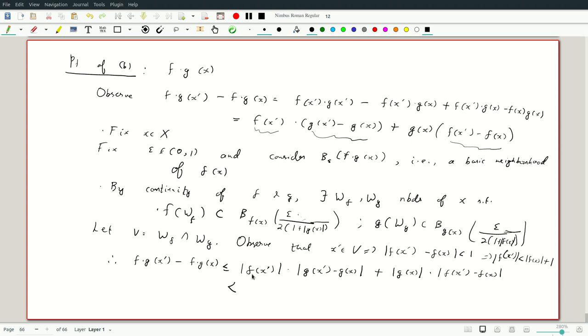And this in turn is less than, we have controlled all of these quantities. f of x prime is less than 1 plus mod f of x.